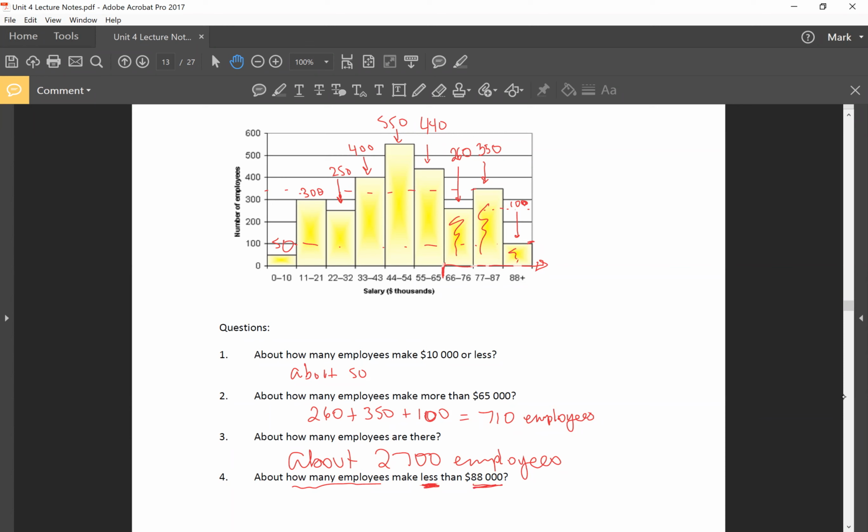Okay, so 88,000 being here. So how many employees make less? Actually, this is easy because if you know the total, 2,700, there's a really quick way to calculate this. So what do you guys think? How many employees make less than 88,000?